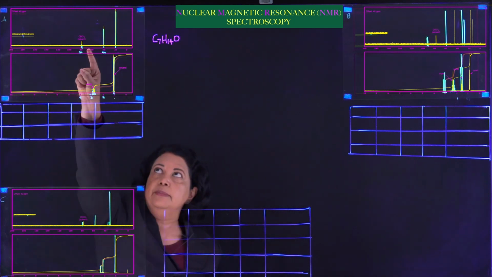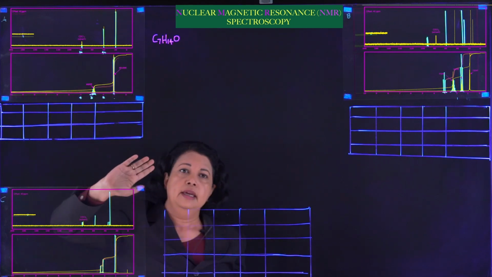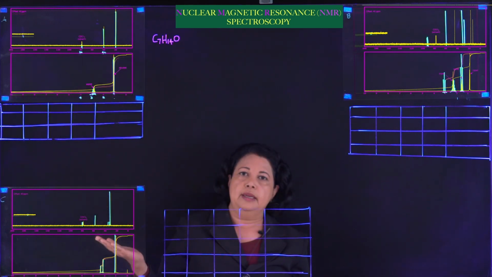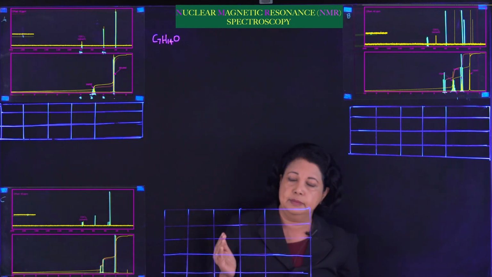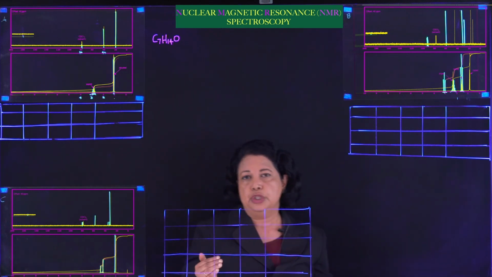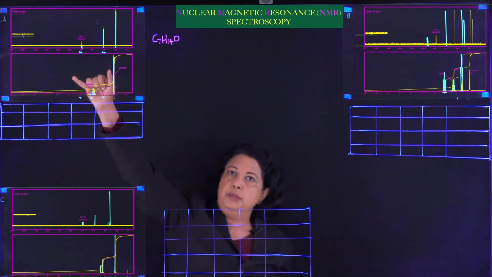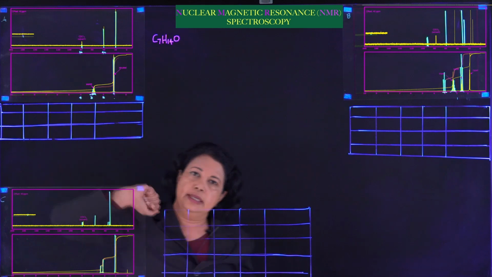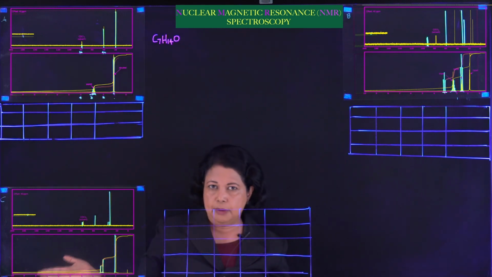If you had something up to about 90, those could be alkyl carbons that are next to electronegative atoms like halogens, nitrogens, oxygens. Now this region between like 100 to 180 are typically vinylic carbons, so typically double bonds.